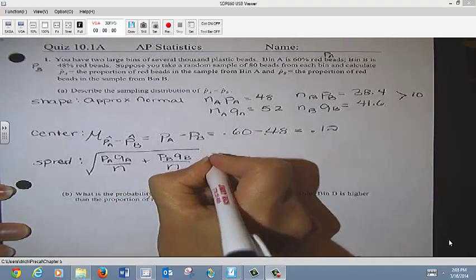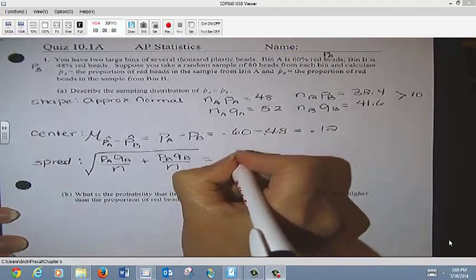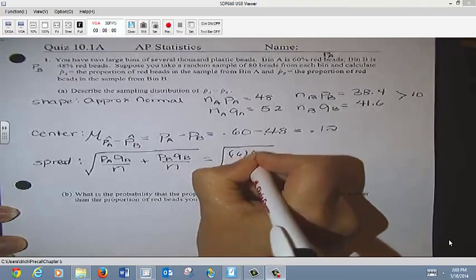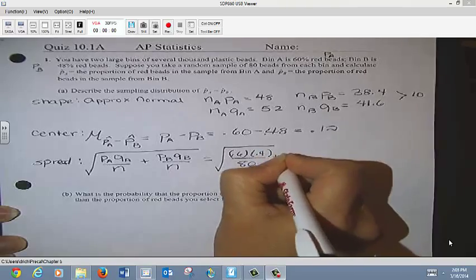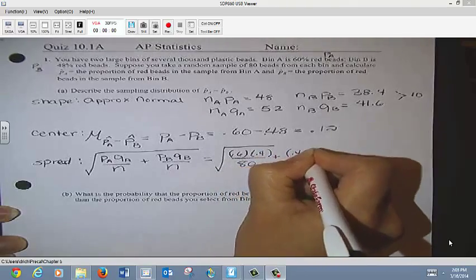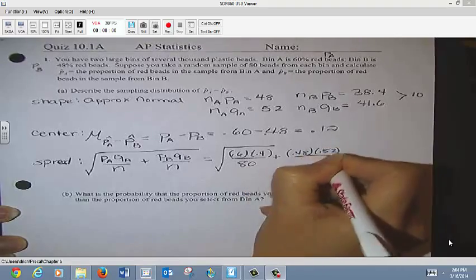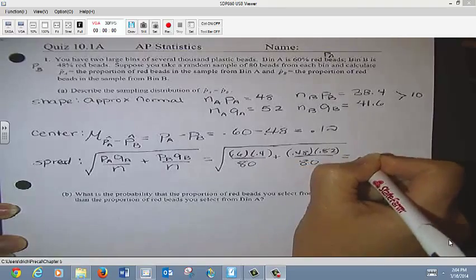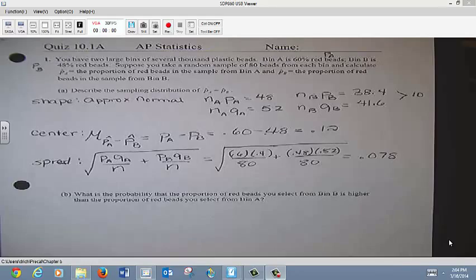So that will give us 0.6 times 0.4 over 80, plus 0.48 times 0.52 over 80, which will calculate to 0.078. So that's what our distribution will look like of the differences of the two sample proportions.